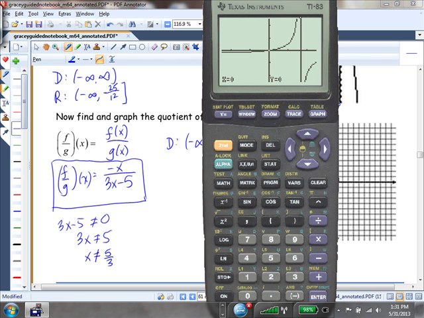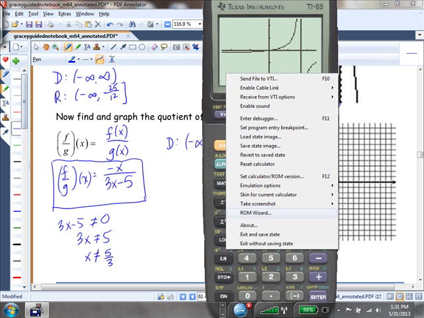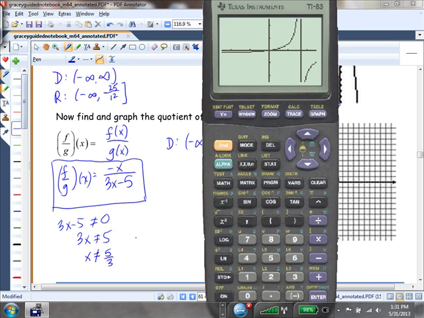So when you see a line like that, that means you have something called a vertical asymptote. Vertical asymptote. So here, let's see what our window is here. It looks like x is going from negative 2.5 to 2.5, and so is y. So I'll copy this.